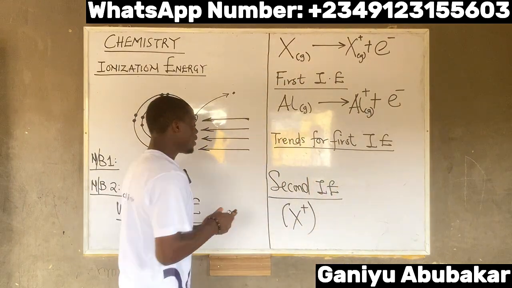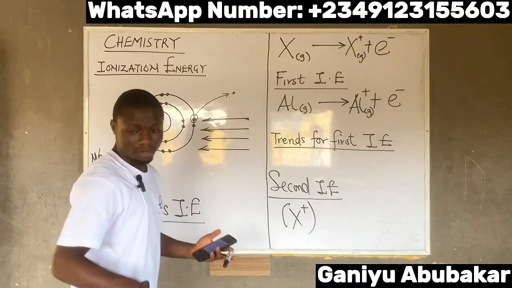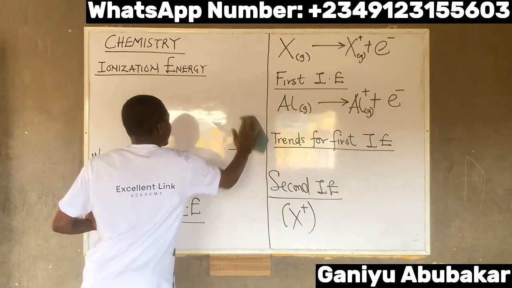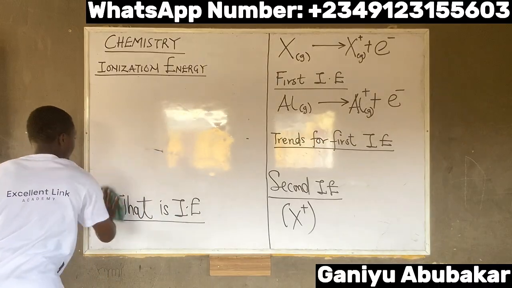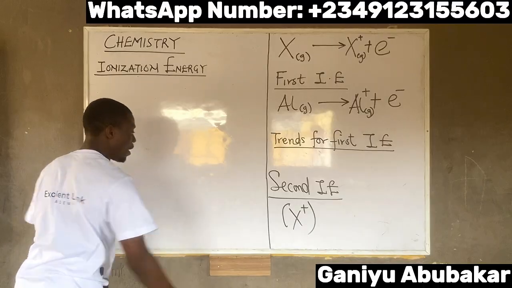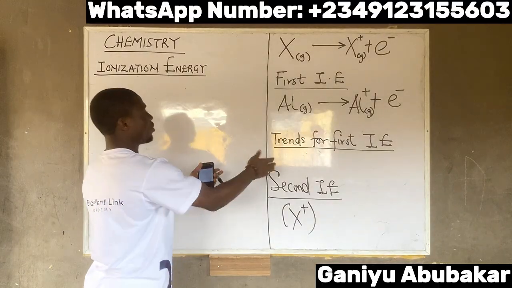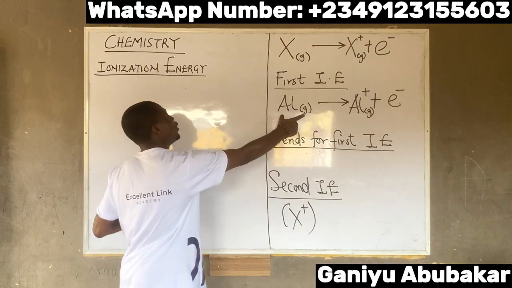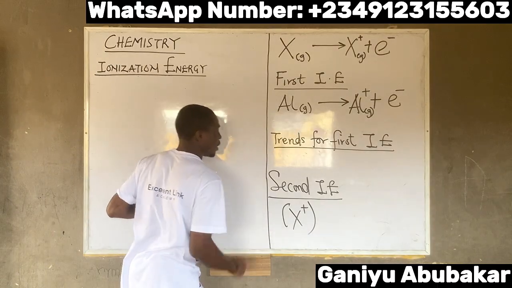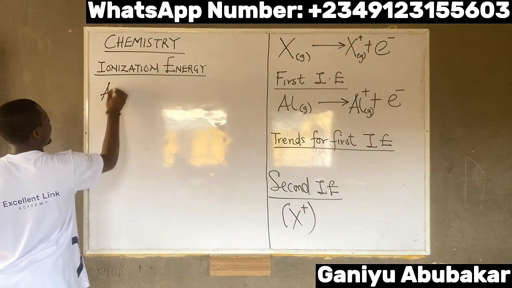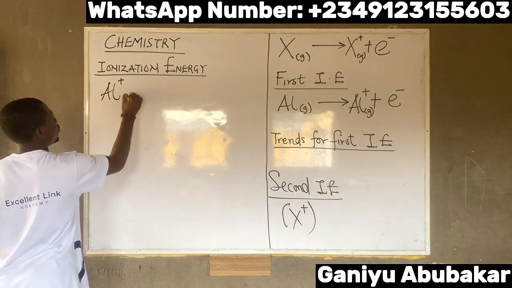So I'm saying that if I consider aluminium in this case, it means my aluminium should be in a positive charge first, right? So I'll have Al plus in gaseous state.